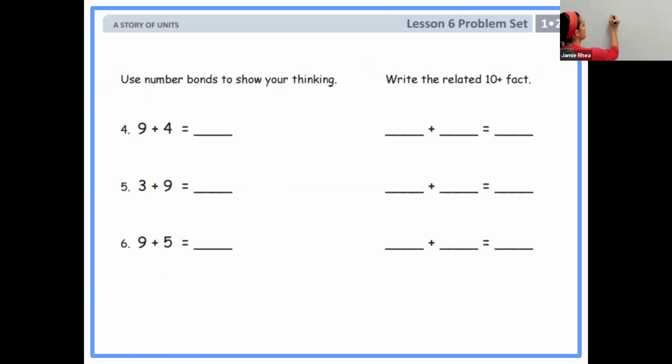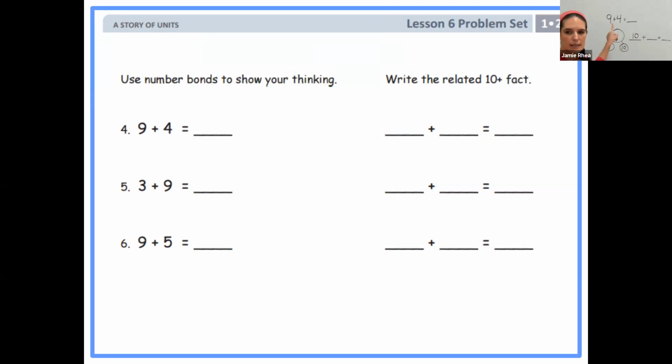My problem says 9 plus 4 equals something. We don't know what that something is yet. I need to make a number bond and a related 10 fact. If it's a related 10 fact, that means that one of my parts is going to be 10. Now we just have to figure out what the other number is.